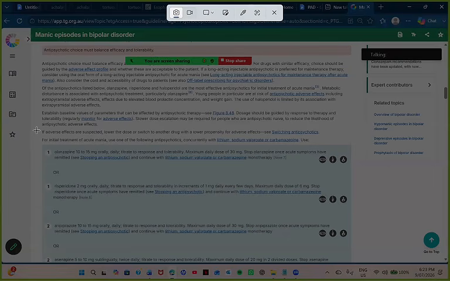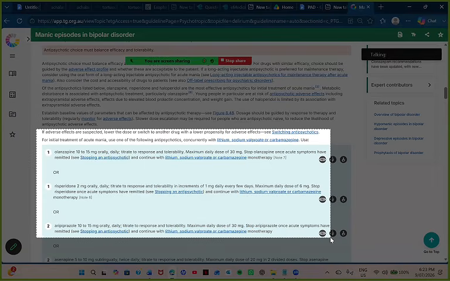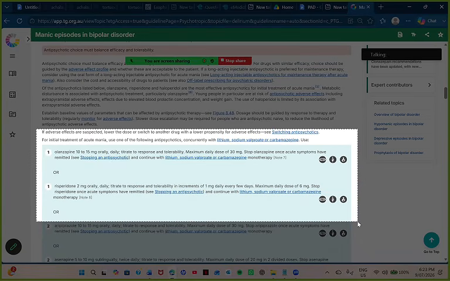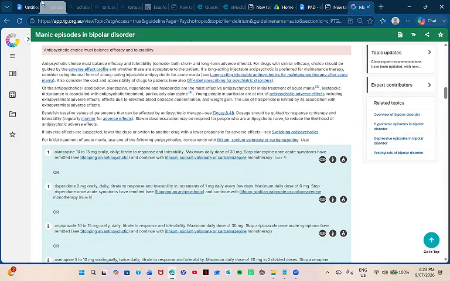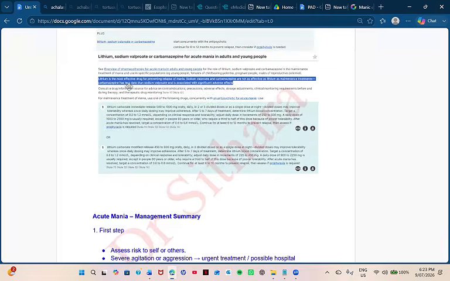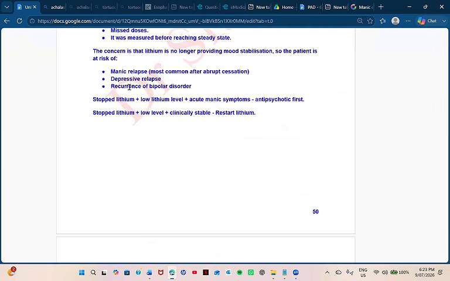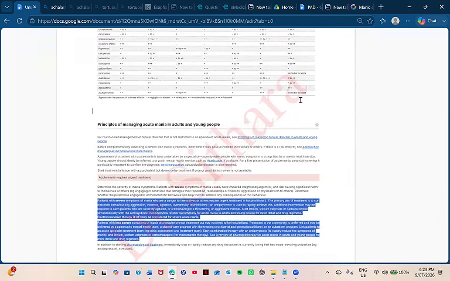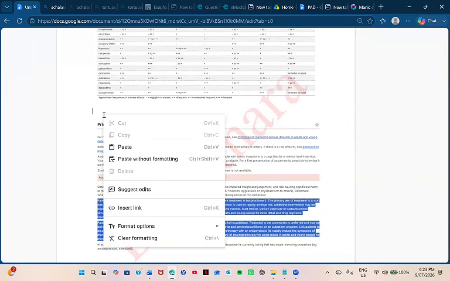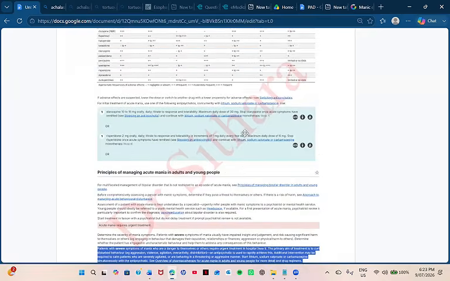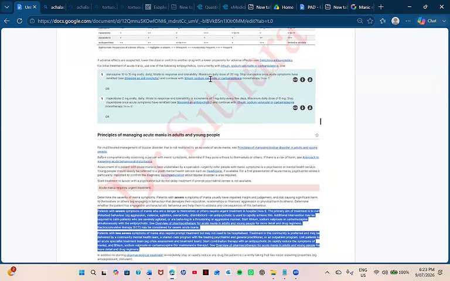Olanzapine and risperidone both are first line drugs. It's understandable, right, doctors? So according to that only we have to decide.